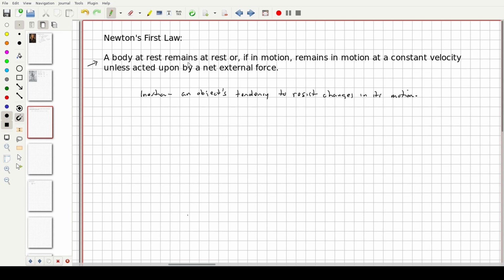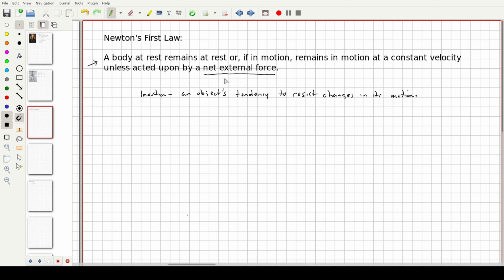If it's at rest, it likes to stay at rest. If it is in motion, though, it likes to continue moving at a constant velocity. Now, that said, obviously things change in motion. They have their motion change all the time. So, what causes that change in motion are forces, specifically net external ones.